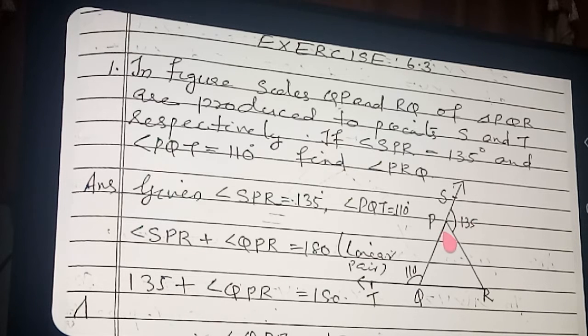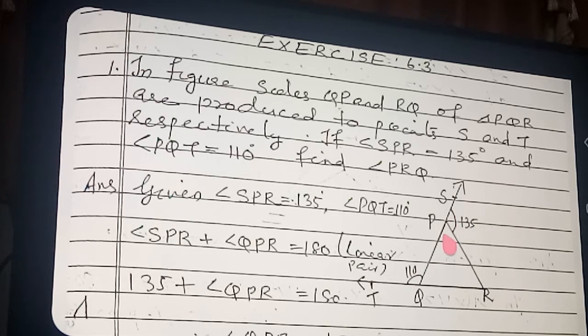These two angles, what type of angles are they? Linear pair of angles. So what is their sum? 180 degrees. Linear pair of angles means their sum is always 180 degrees.